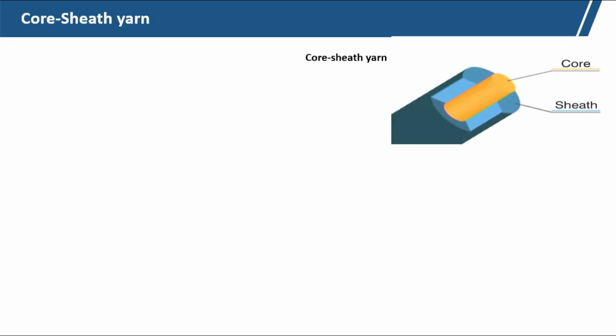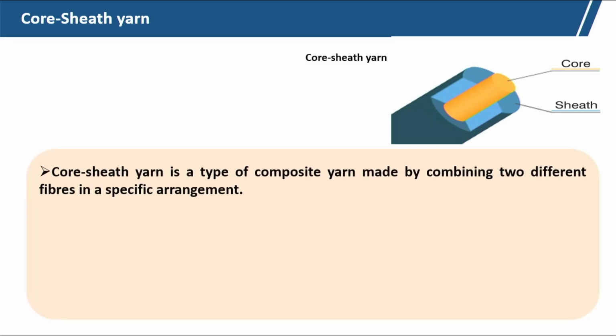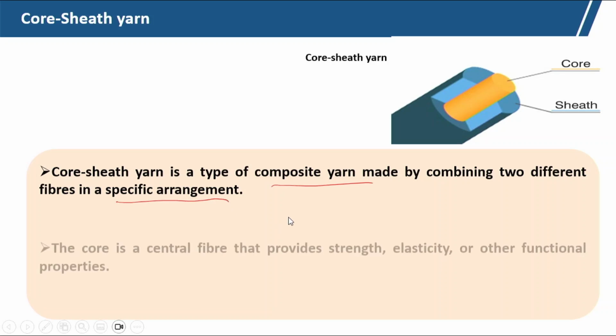Next yarn is the core sheath yarn. Core sheath yarn is one type of composite yarn, made by combining two different fibers in a specific arrangement. That is the composite core spun yarn.